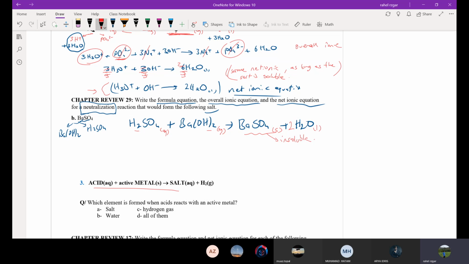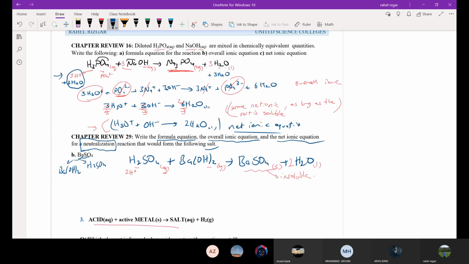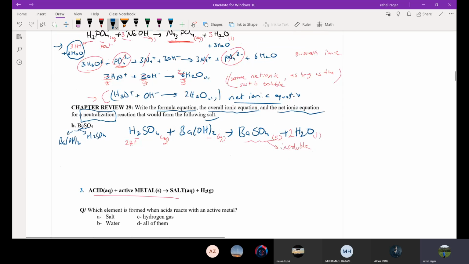And that's it. It is balanced now. How many hydrogens do we have here? 2 hydrogens. And the solution is aqueous. If you remember in the previous lesson, if H is alone in aqueous, we have to add some H2O to become H3O.